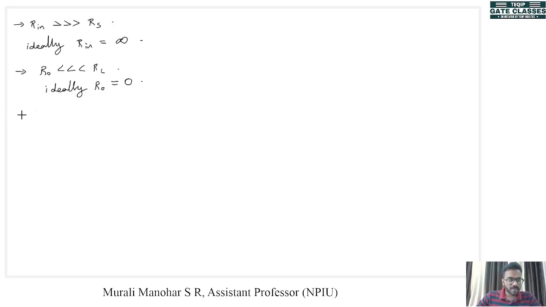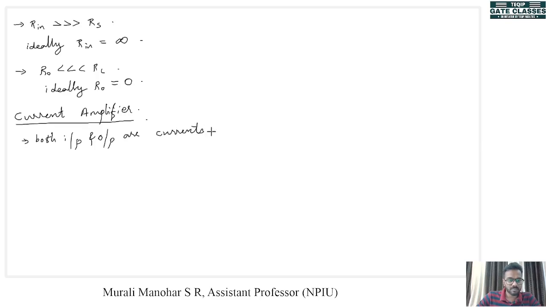Now the second type of amplifier is called current amplifier. And for current amplifier, both the input and output are currents. The equivalent circuit looks like this. The input is a current source, and across this there is a parallel resistance, and our amplifier begins here.